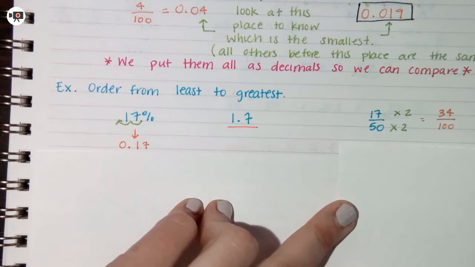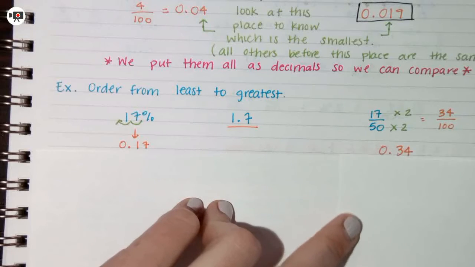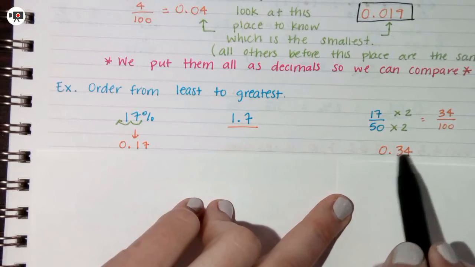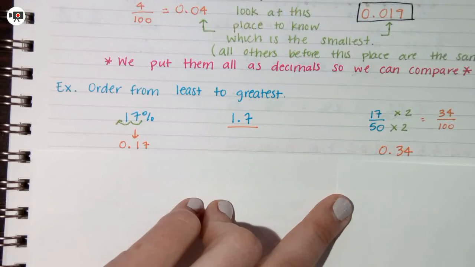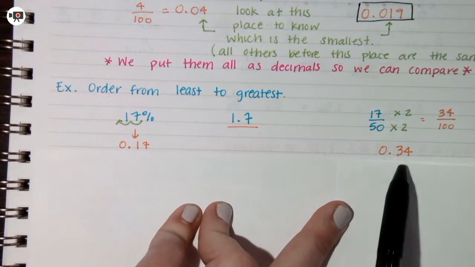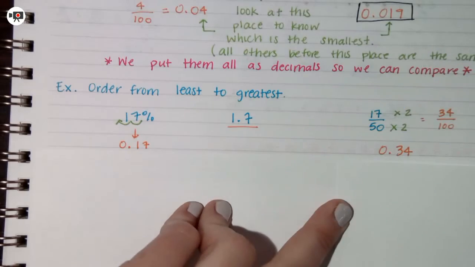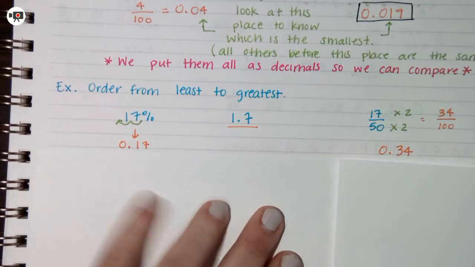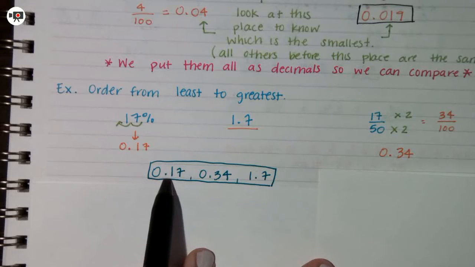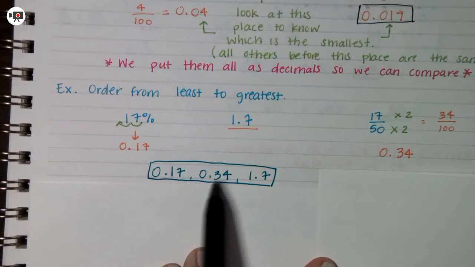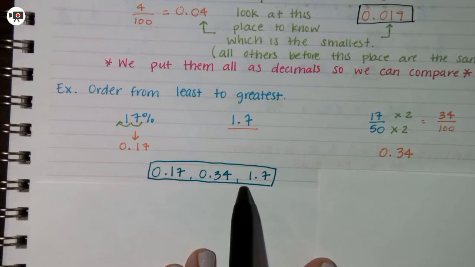Now this 34 over 100 is 34 hundredths, so my 4 is going to end in the hundredths place. That's here, and my decimal is not right in front of the 4, but in front of the digit in front of that. So now I have decimal, decimal, decimal, and I can accurately compare these now. So to order them from least to greatest, I have 0.17, 0.34, and 1.7.